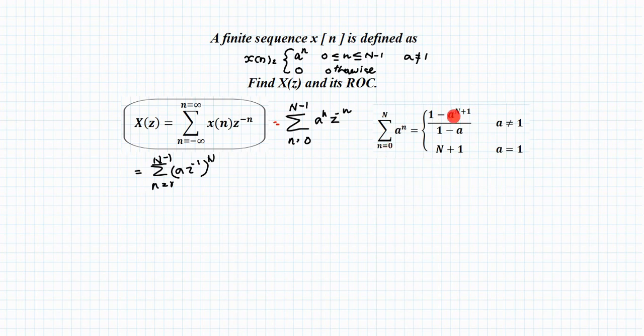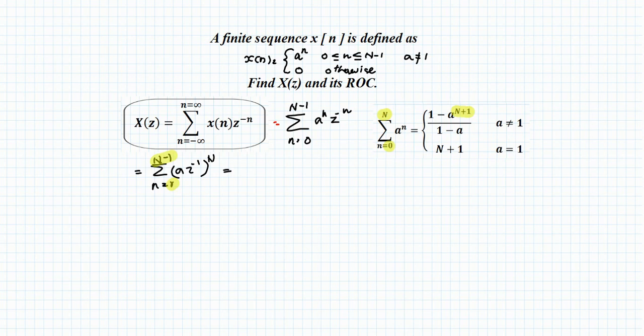That's why it's a raised to n plus 1 when a is not equal to 1. And if a is equal to 1, it's simply n plus 1. Now here it is 0 to n minus 1, but the formula is 0 to n. So if it is n, you need to write n plus 1. Now it is n minus 1. So I can write like this.